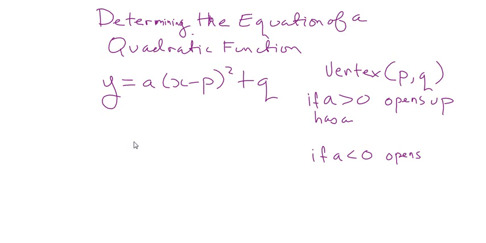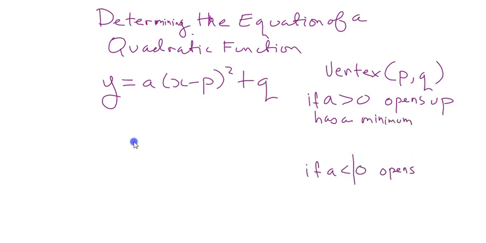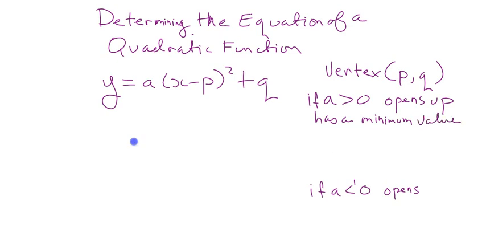So if a is greater than 0, it opens up and has a minimum value of q when x equals p.